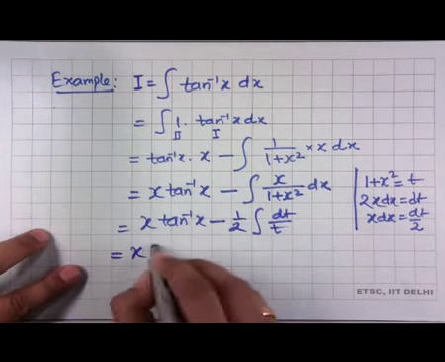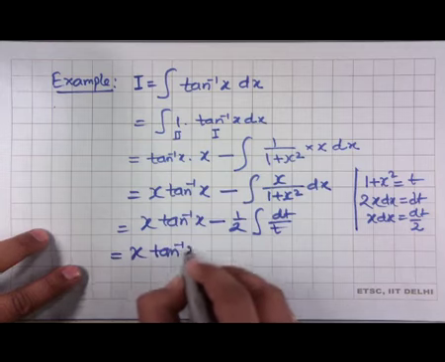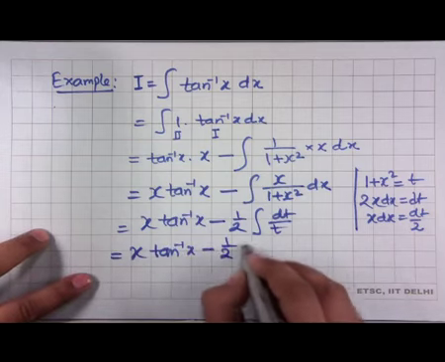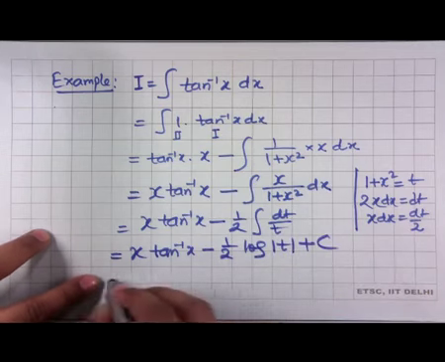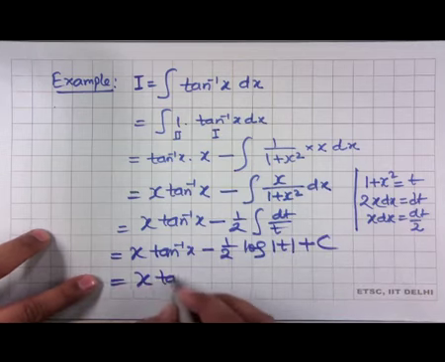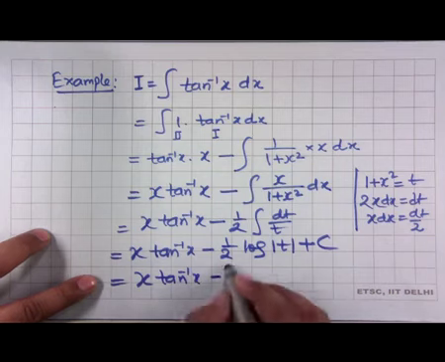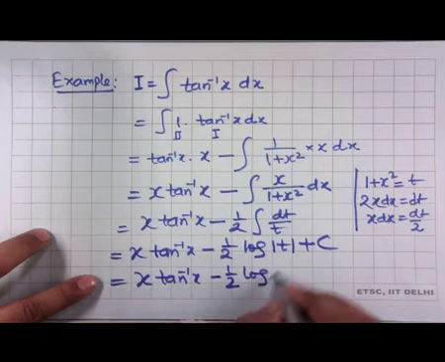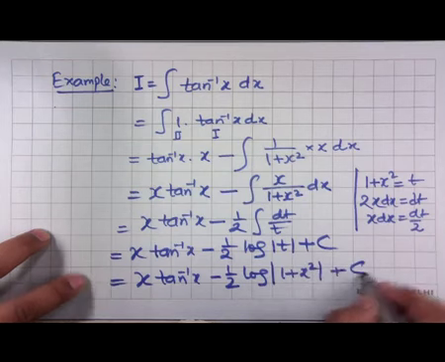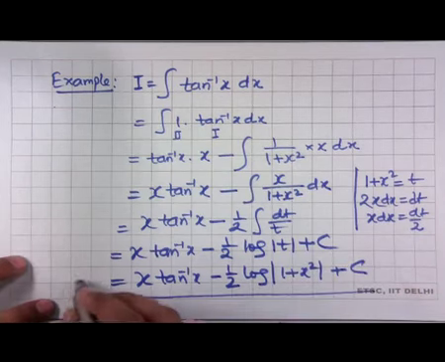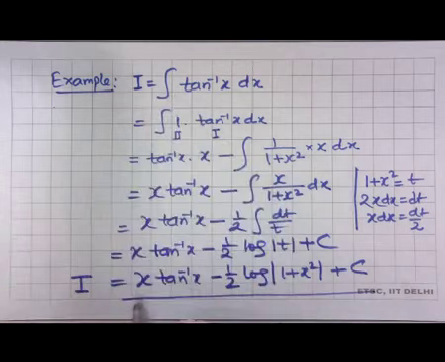So, this will give you x tan inverse x minus half logarithmic of mod t plus constant of integration, which finally leads you to the final answer: x tan inverse x minus half logarithmic of mod of 1 plus x squared, plus constant c. So, the integration of tan inverse x can be easily found in this fashion.